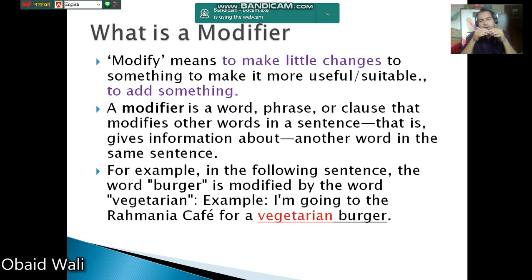What is that burger's type? It is a vegetarian burger. It is not a hamburger. So this word vegetarian is obviously a modifier here, and it modifies the word burger.